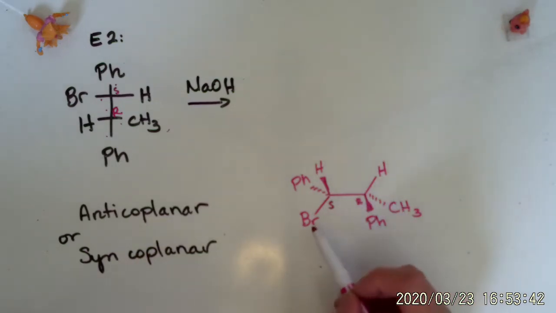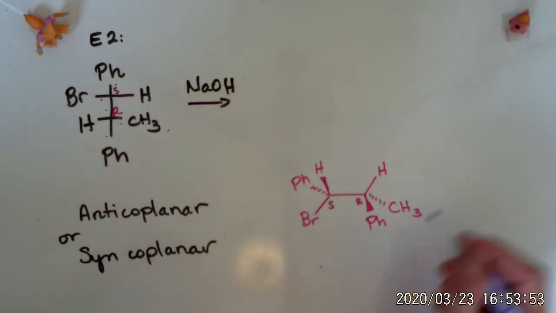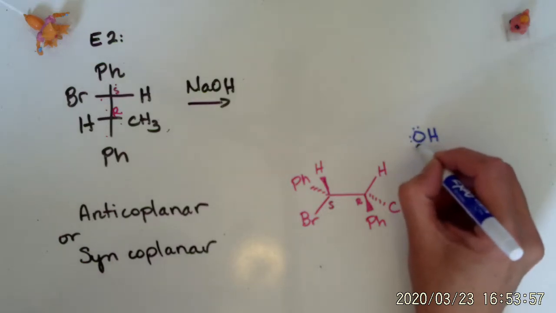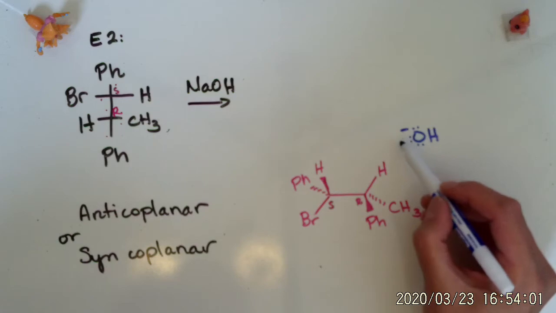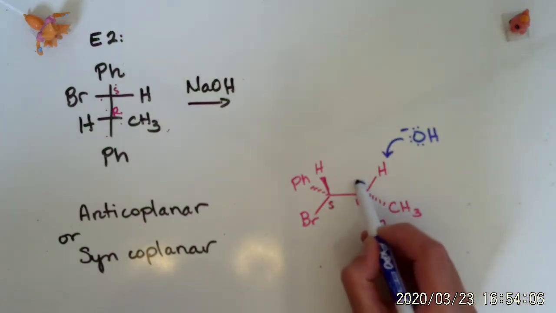Now, if we take a look at my base coming in, remember, sodium hydroxide is a hydroxide. That's my base. My sodium is my counter ion. This takes a hydrogen.